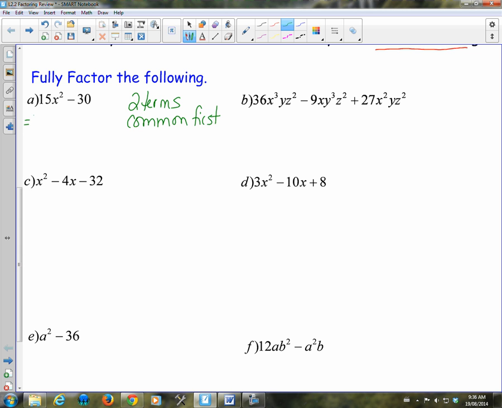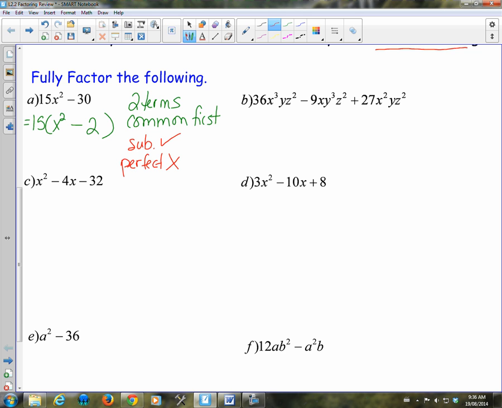So I write down my common factor of 15 and divide them both by 15, which leaves me x squared minus 2. 30 divided by 15 is 2. 2 terms. It could be a difference of squares. So I do a little check. Is it subtracting? Yes, it is. Is 2 a perfect square? No, it's not. 2 is not a perfect square.